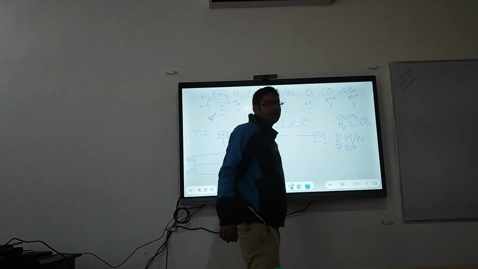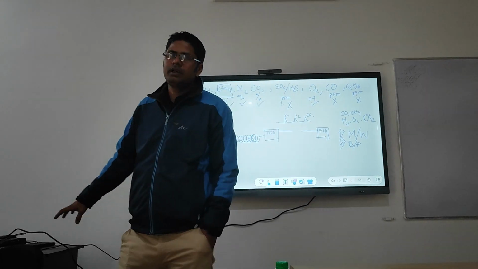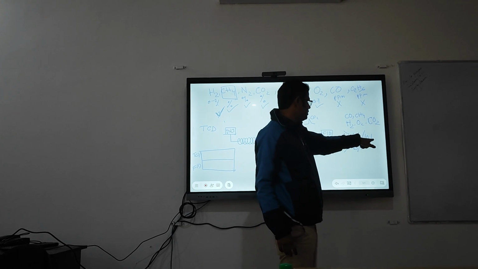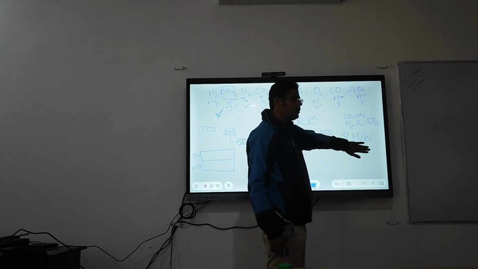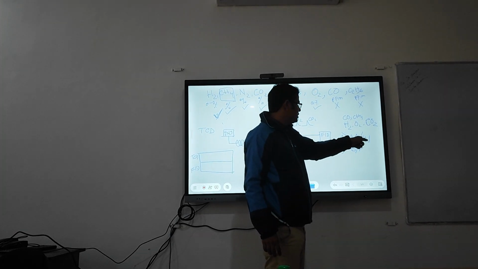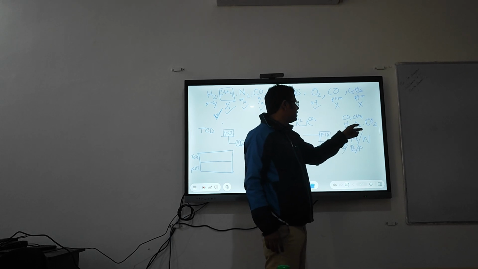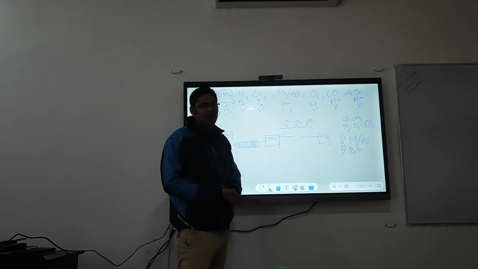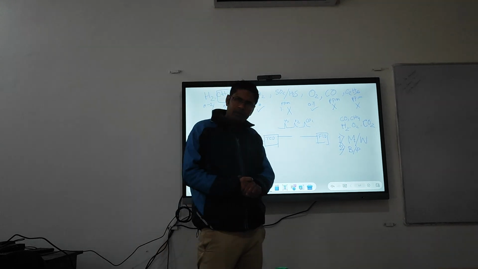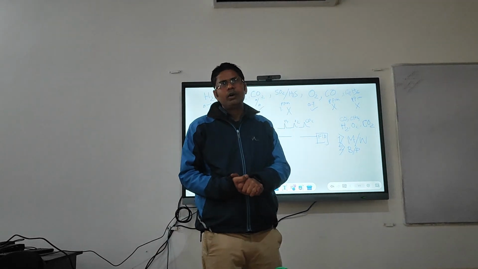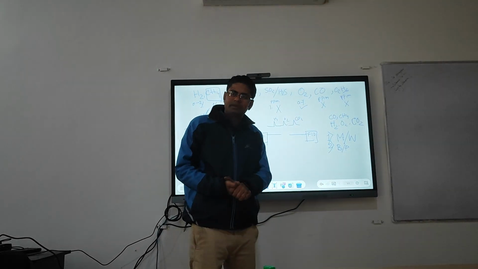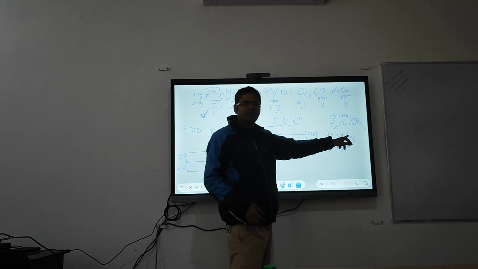Now 5 components. Now tell me the elution order. Using this theory, forget about boiling point, can you tell me the elution order? First hydrogen, then oxygen, CH4, CO and CO2, based on the molecular weight. Sometimes this theory fails.